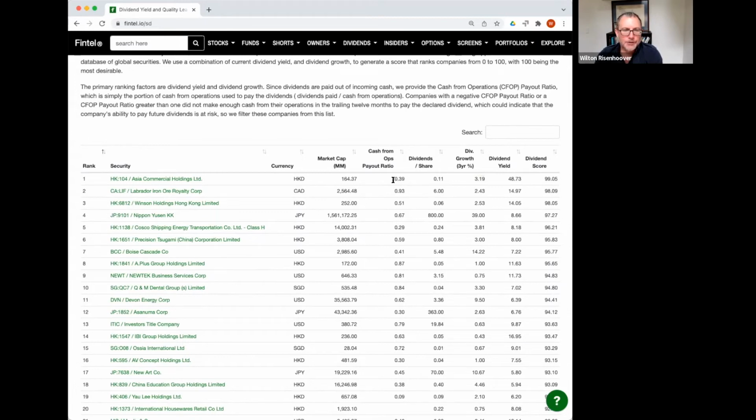So if you have earnings per share of $1 and a dividend of $1, the payout ratio is 100%. That means the company paid out 100% of its earnings in dividends. Obviously, you typically want to see situations where the payout ratio is less than 1. You don't necessarily want a company paying out more than its income in dividends.